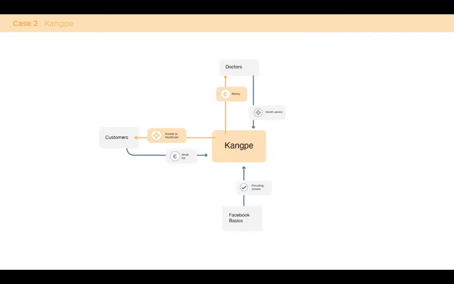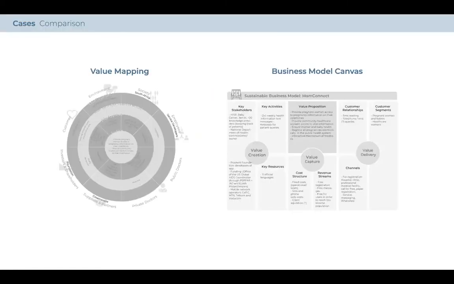But having a cell phone is not all that's necessary, because they need connection. For that, Kangpe has as a partner the Facebook Free Basics program, where they can provide access to the users without daily consumption.